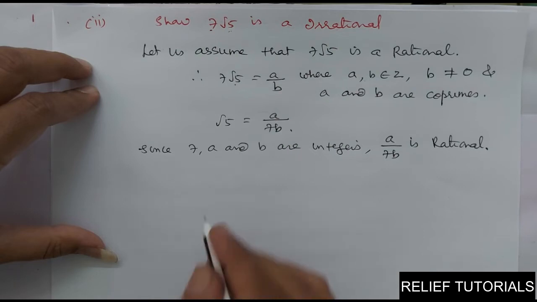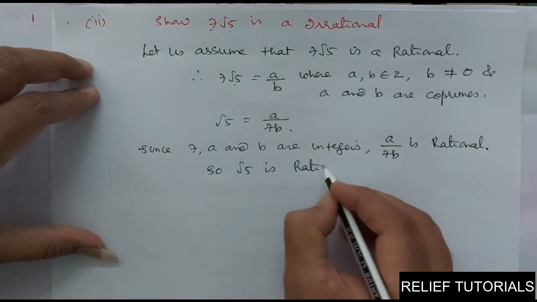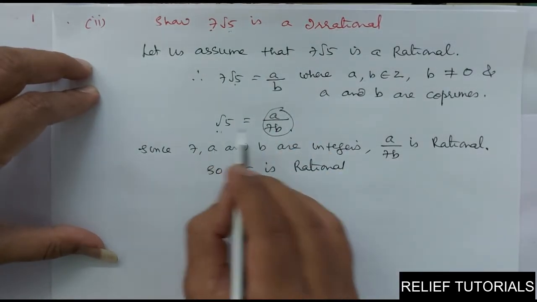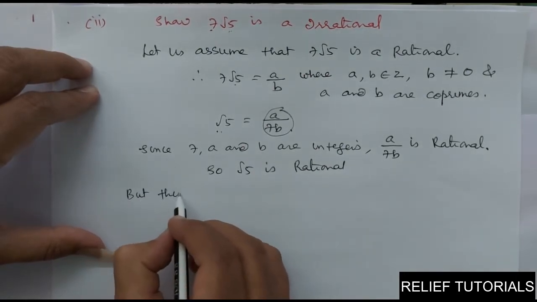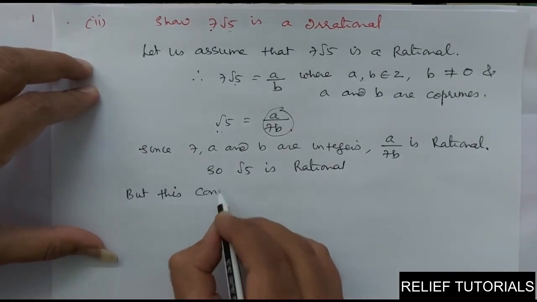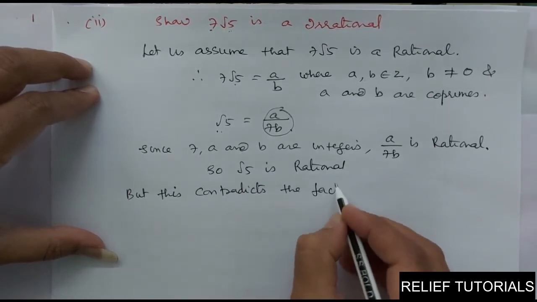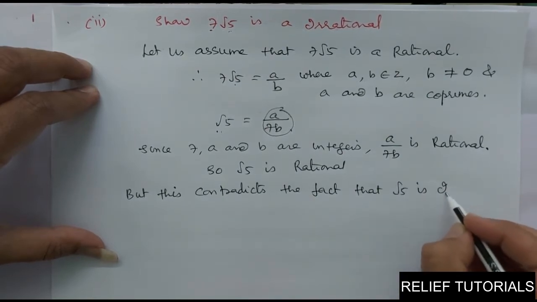Okay, so root 5 is rational. If this is rational, this is also rational, they are equal. But you know root 5 is irrational, but this contradicts the fact that root 5 is irrational.